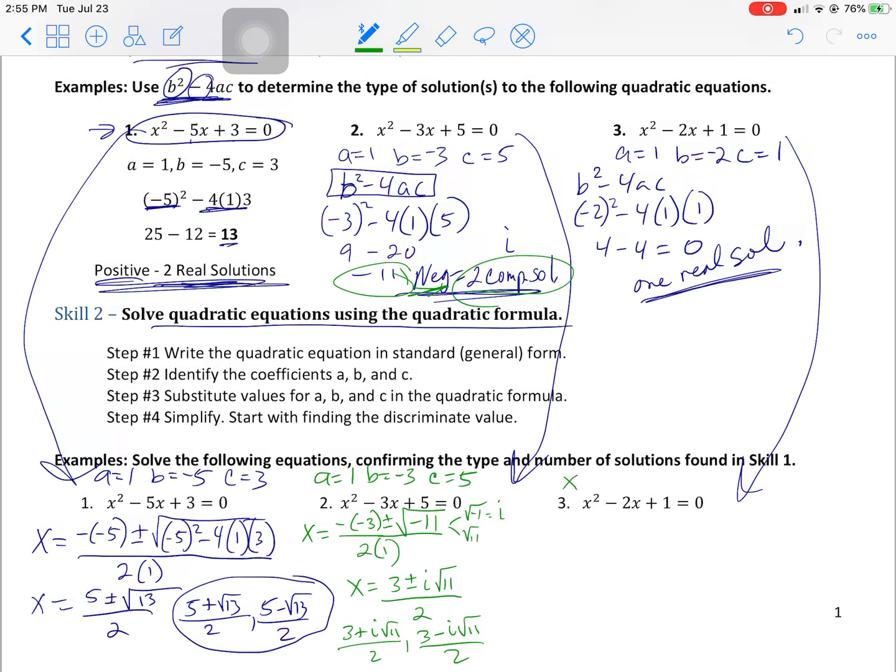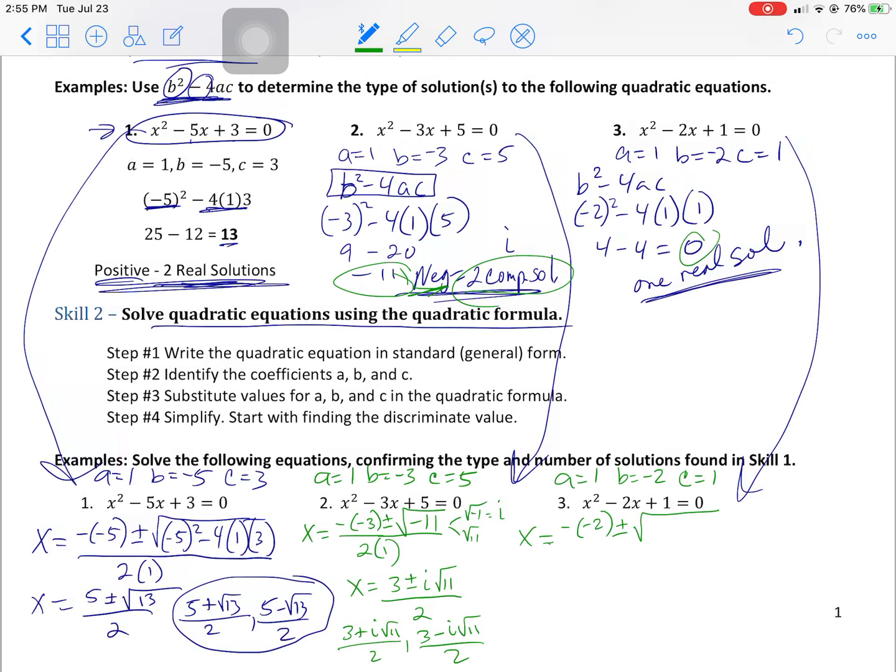All right, number 3, not X. A is equal to 1, B is equal to negative 2, C is equal to 1. So X equals opposite B, which is negative 2, plus, I don't have any positives. Negative's the harder one, so that's probably why it's on there. And then square root of, up here I did the discriminant.